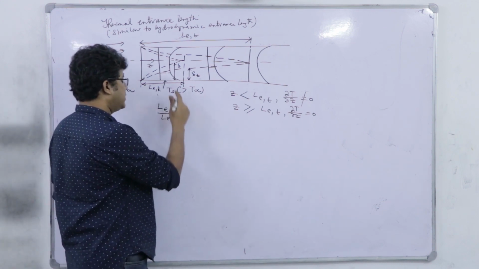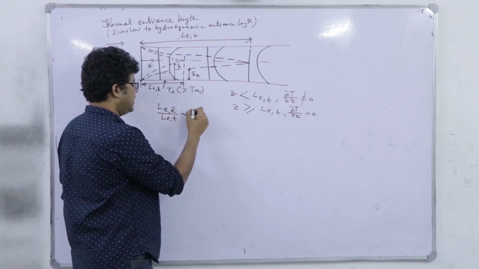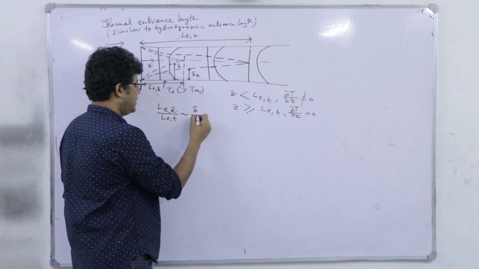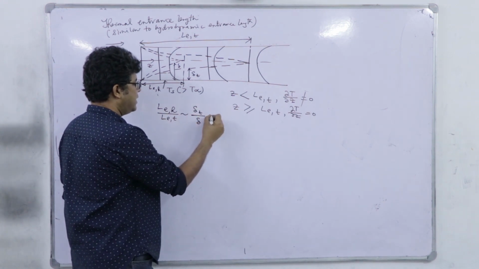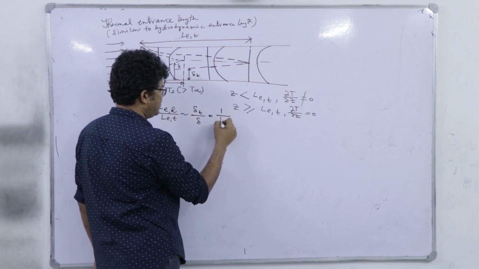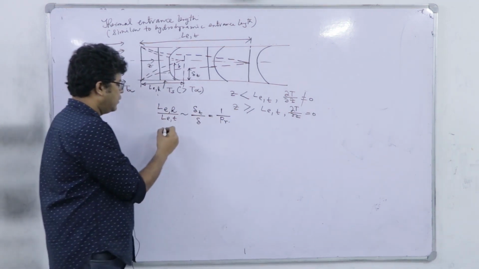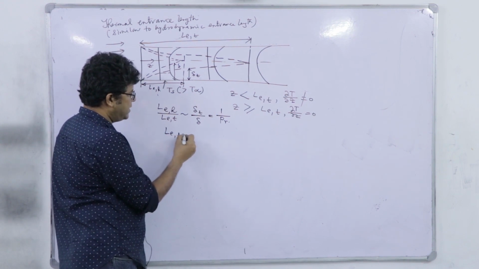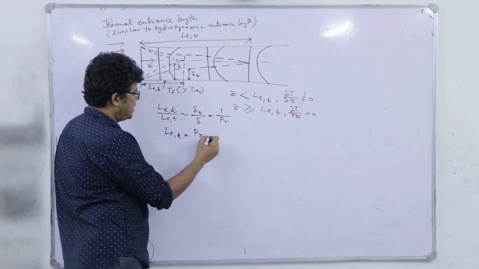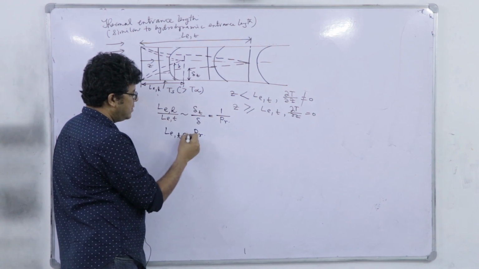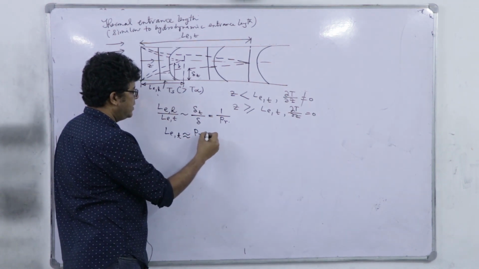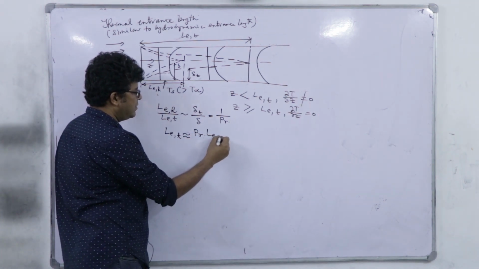Both are in length dimension, so we can write that this will be delta T by delta, and delta T by delta is what? 1 by Prandtl number, right. So thermal entry length LET will be equal to Prandtl number into hydrodynamic entry length.